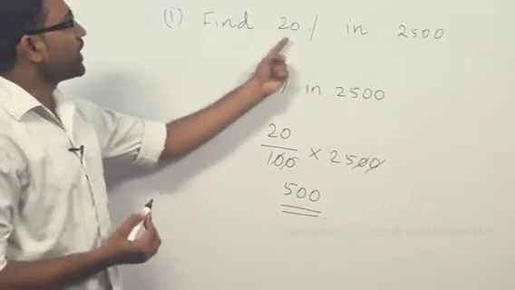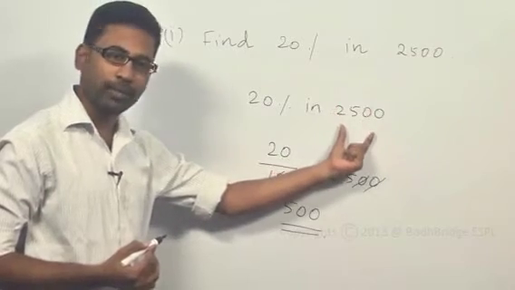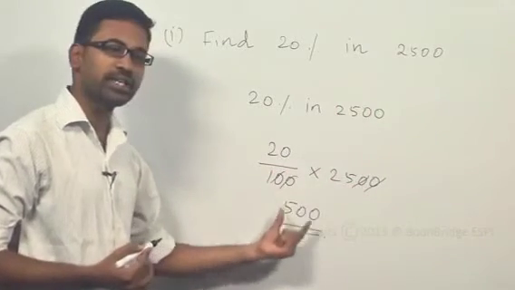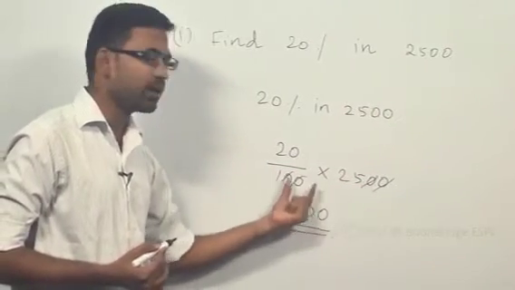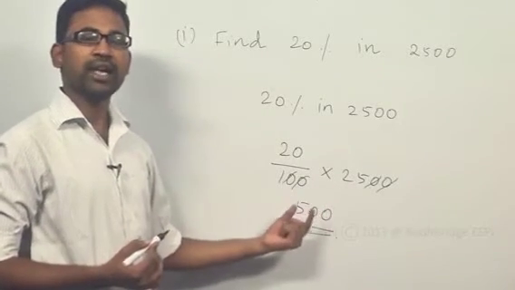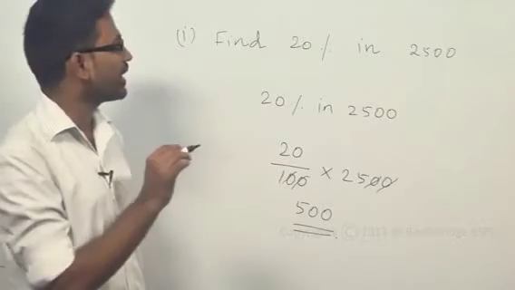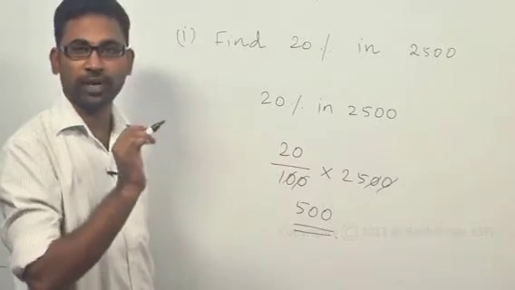So find 20% in 2500. 2500 is the number, and we are finding 20% out of that. That is 20 by 100 into 2500, so the answer is 500. As we saw in the standard reference table, 20% is 1 by 5th.